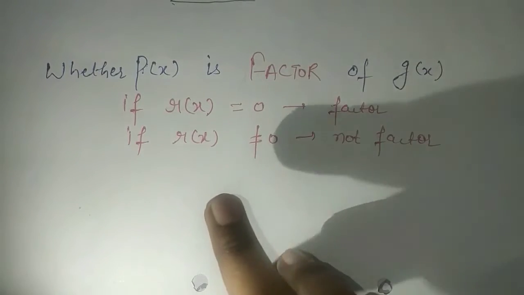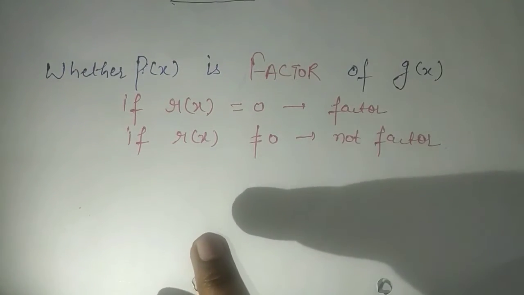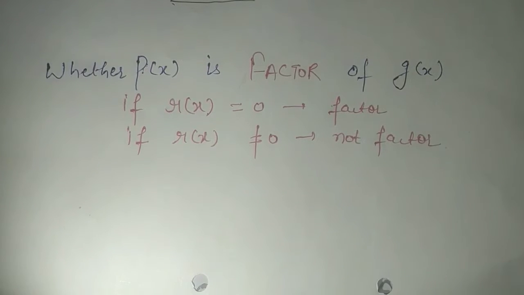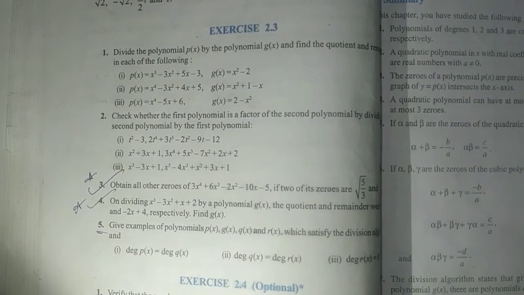Clear? If on dividing the two polynomials we have remainder 0, then gx is the factor of px. If remainder is not 0, then gx is not the factor of px. This is the very important point. Now I hope you can do the second question.